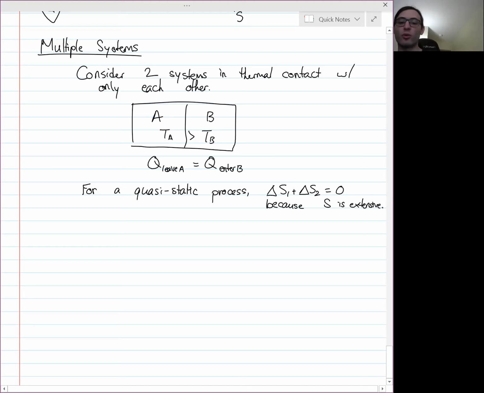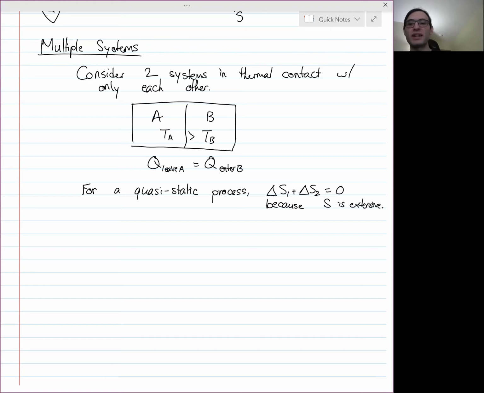So the entropy of one system plus the entropy of the other system, once you combine them, should just be the sum of their previous entropies. Just like if you have two different volume systems, the volume of the total system, once they're combined, should just be the sum of the volumes.